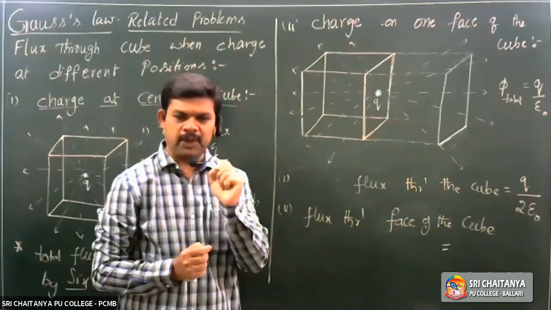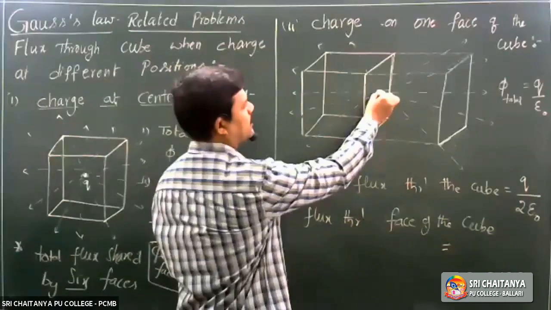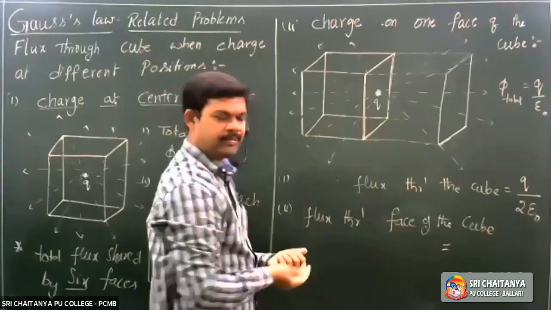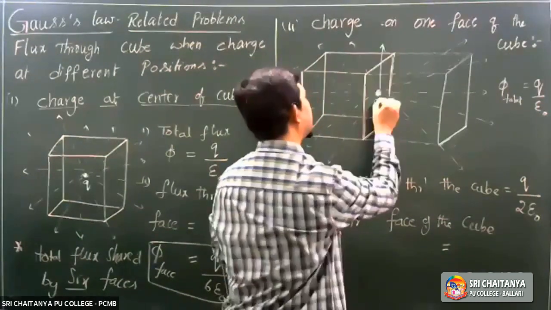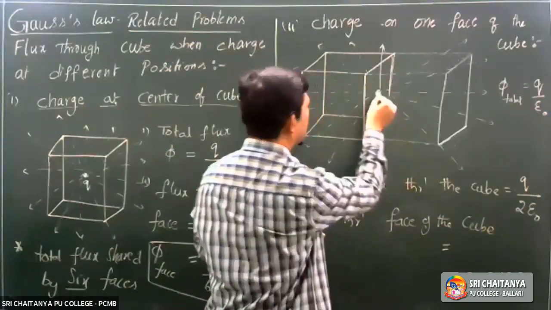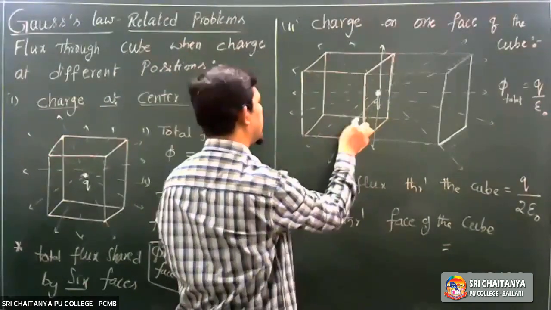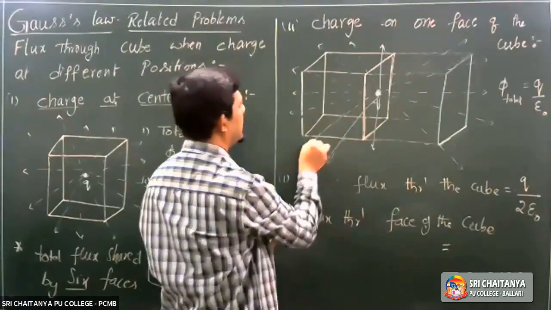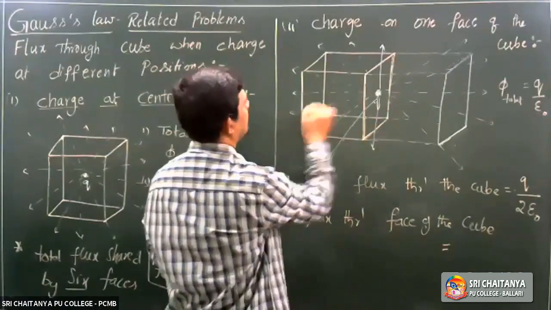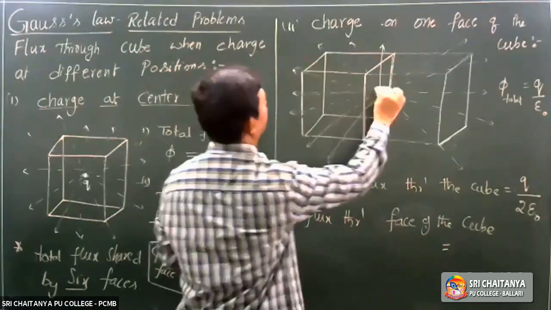One important point that you have to remember: if I place the charge on this face, the lines of force coming from the charge, if you observe, they are like this.